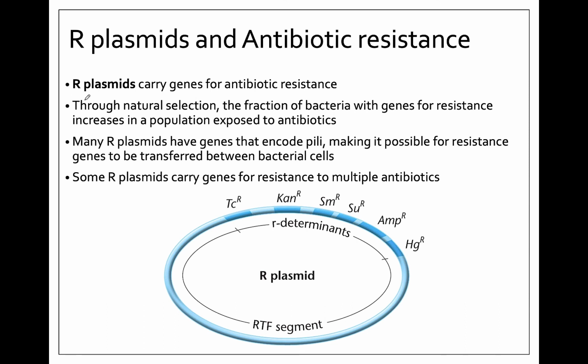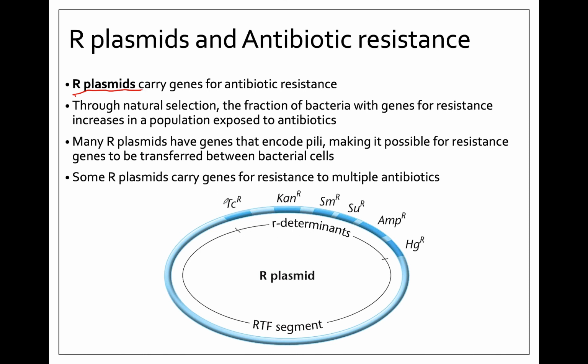So why is it important for these guys to have plasmids? A lot of the time, plasmids are what we call R plasmids, or resistance plasmids. These will carry genes that make that bacteria resistant to antibiotics. And these can be taken up through transformation. These can be passed through transduction and conjugation.